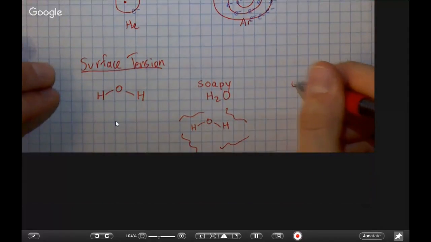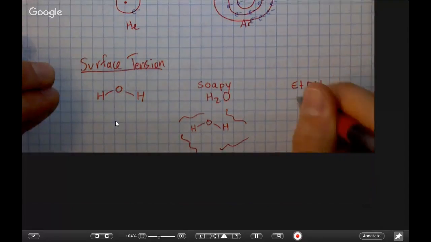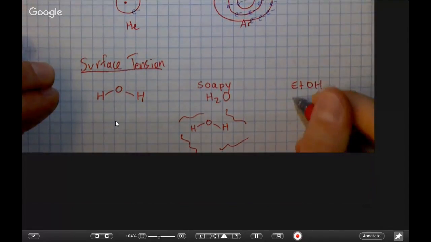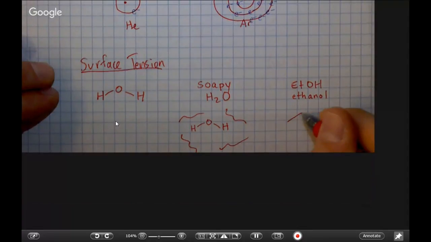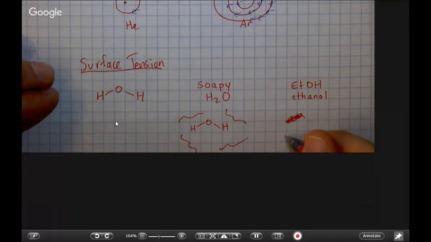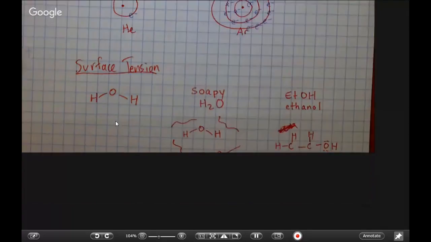And then you're going to have ethanol. I write it as EtOH. And ethanol, sorry, ignore that scribble, is C2H5OH. So notice we have a hydrogen bonded to an oxygen.